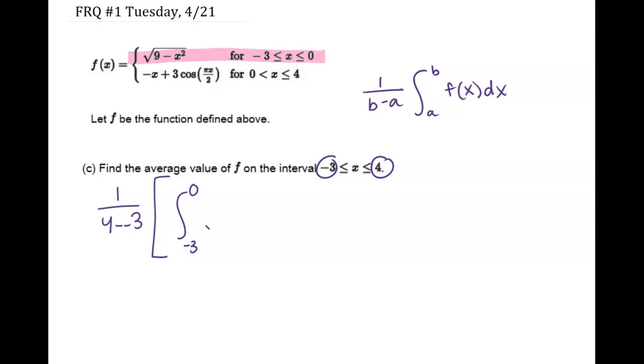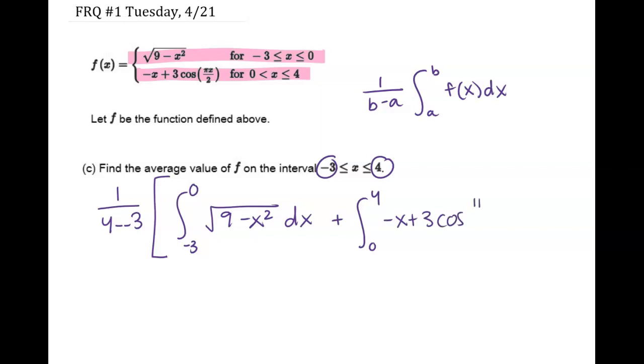So it's the integral of the square root of 9 minus x squared dx, plus the integral from 0 to 4. That's this other piece of negative x plus 3 cosine of pi x over 2 dx.